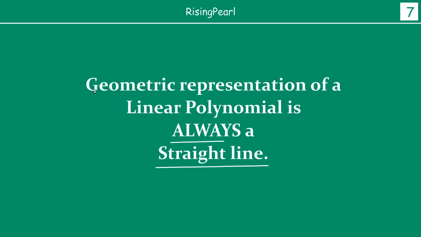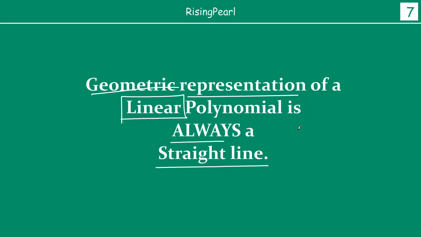That is the geometrical or graphical representation of a linear polynomial. It is always a straight line. So whenever you take a linear polynomial, that is a polynomial with degree 1, and you draw it in the form of a graph, you will always get a straight line.